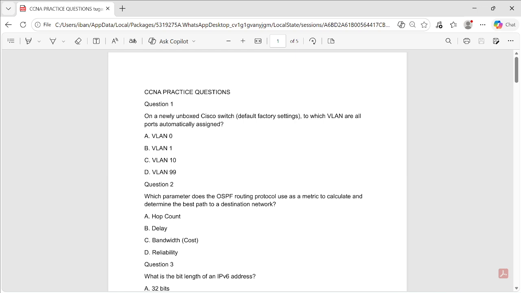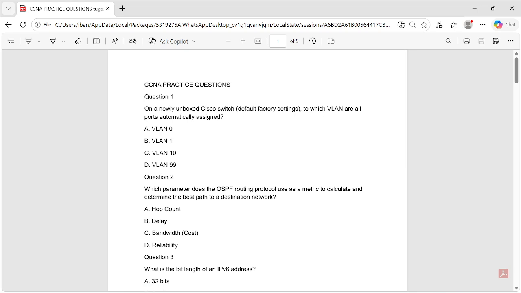The default on a Cisco switch is VLAN 1, because when we first use a switch, it has VLAN 1, which is the default VLAN in Cisco.